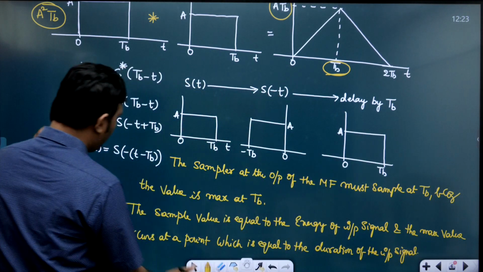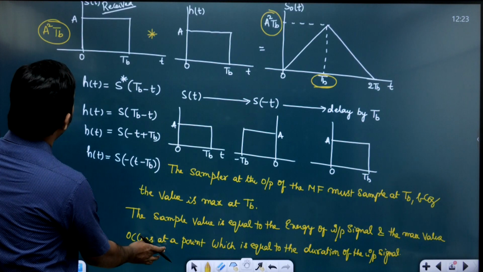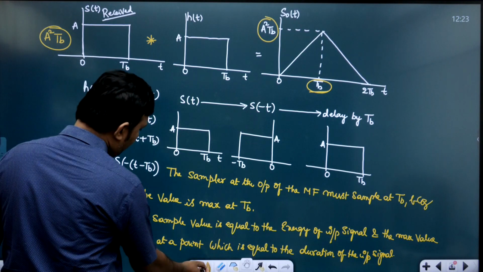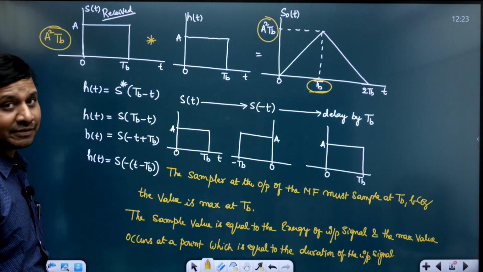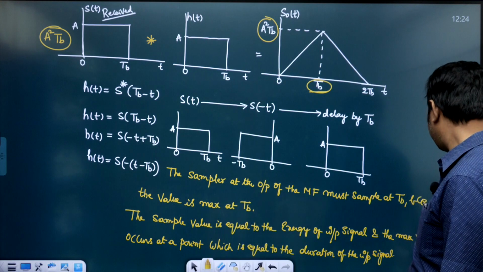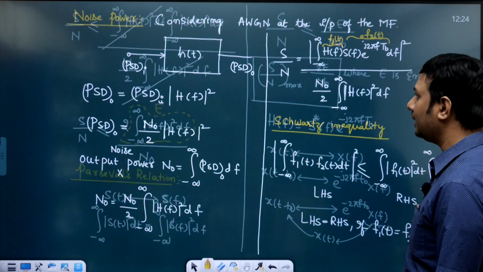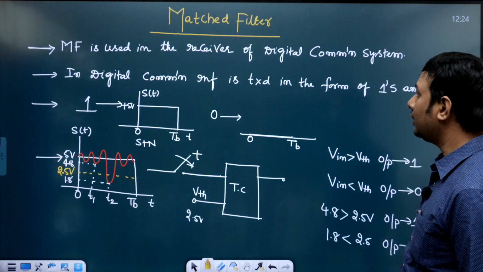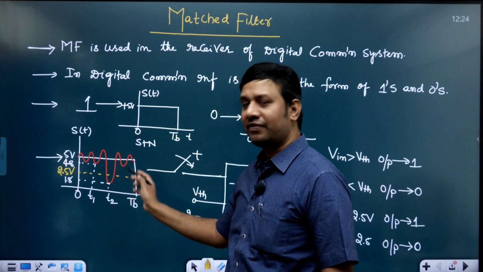Right? So in this way we are going to understand this beautiful concept called matched filter. If anybody asks you what is the purpose of matched filter, you must reply: matched filter has to maximize the signal to noise ratio of the received pulse.